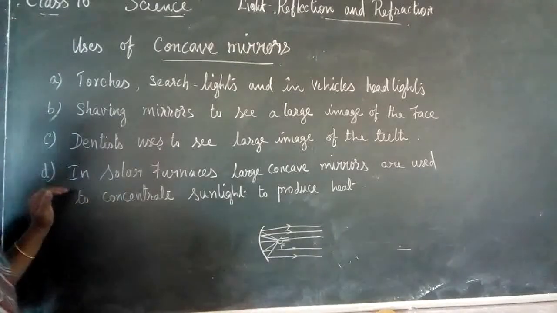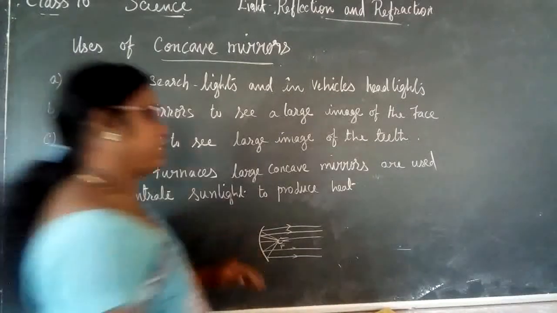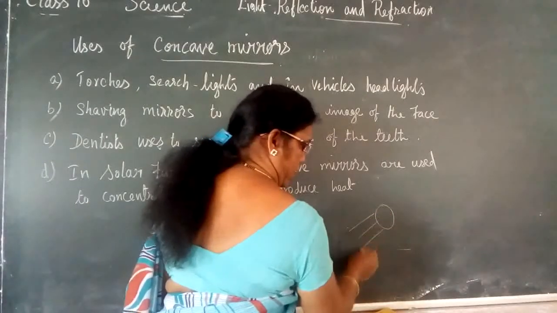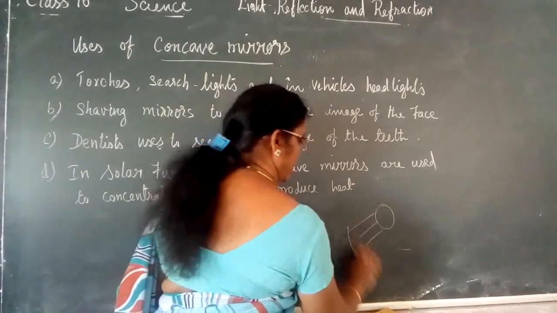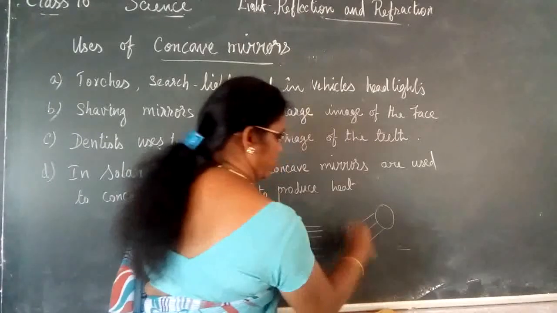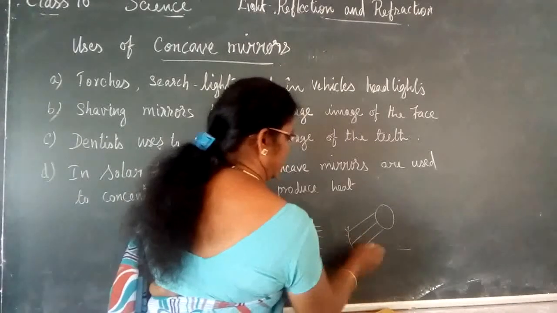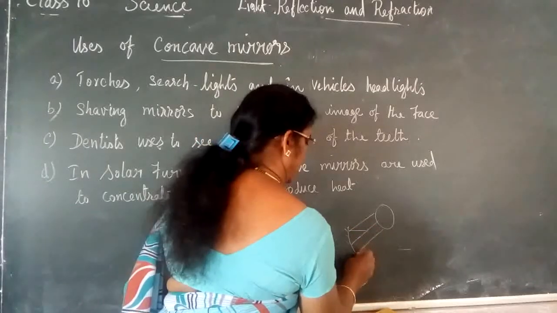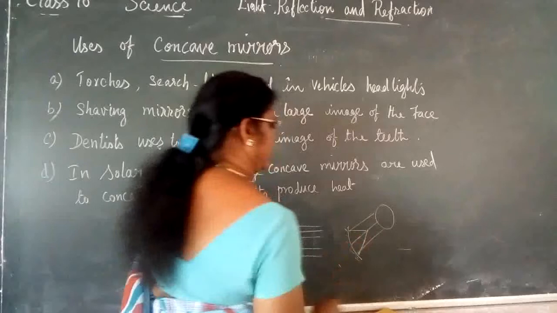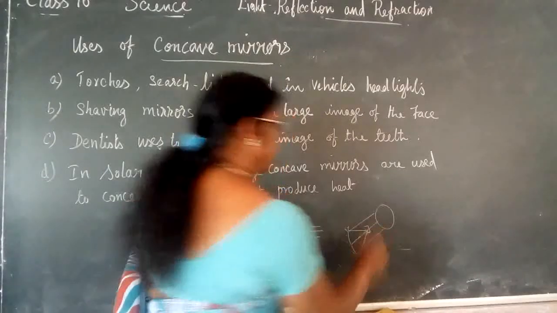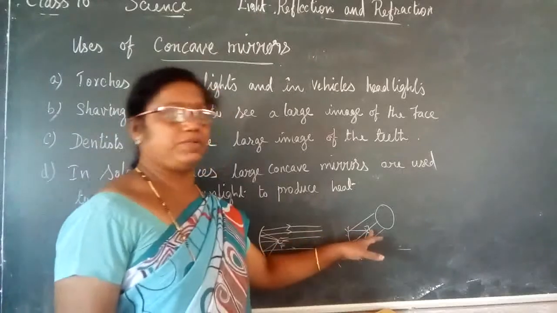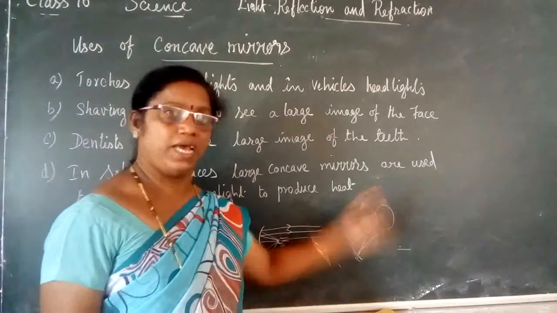And in a solar furnace, the sunlight emits a parallel beam of light, and when it falls on a concave mirror, these beams of light converge at the focus. Hence, a large amount of heat energy is produced, which helps the furnace to produce heat.